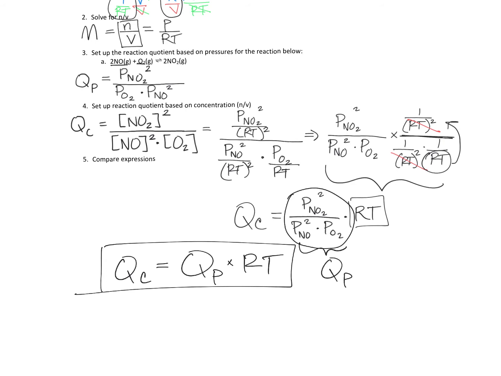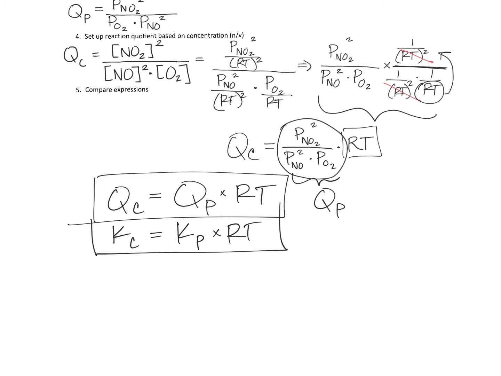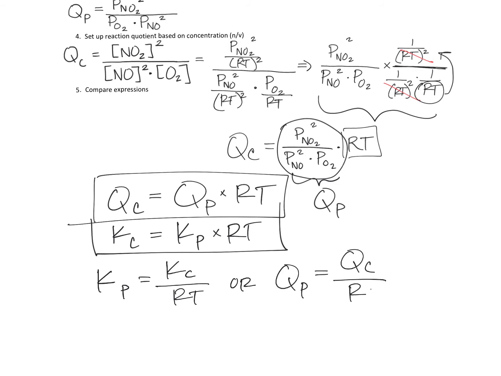In terms of K, it would be the same thing: KC is equal to KP times RT. That's another expression worth mentioning. If I wanted to do it the other way around, I would take KP equal to KC divided by RT, or QP equal to QC divided by RT. So if I wanted to get KP from KC, this is how the expression would look.